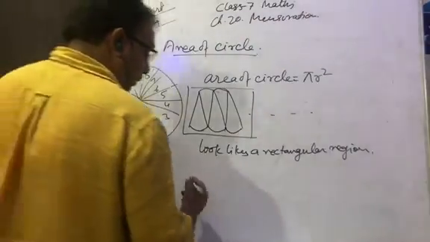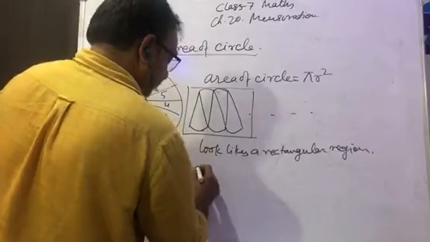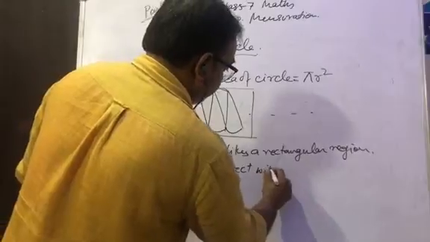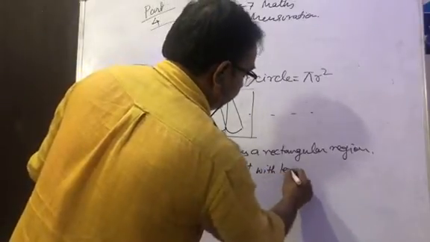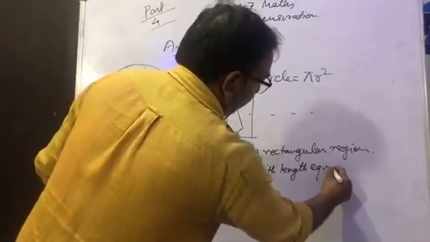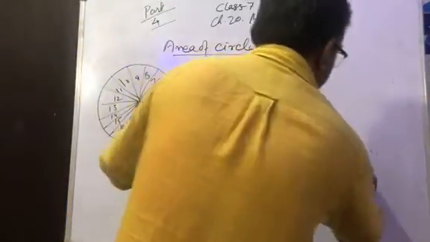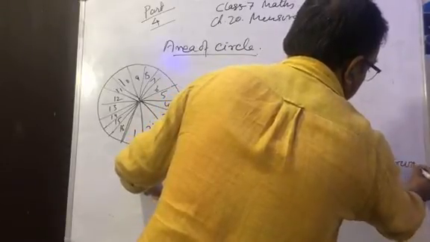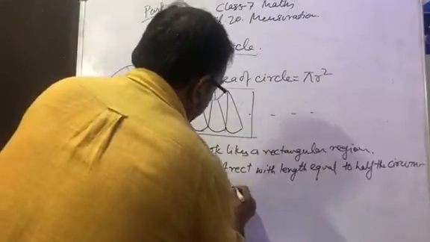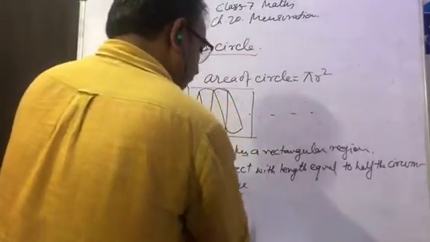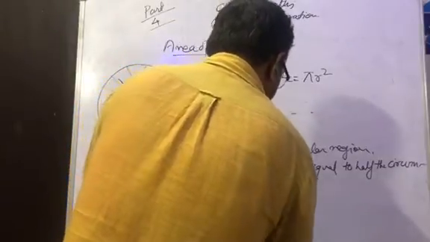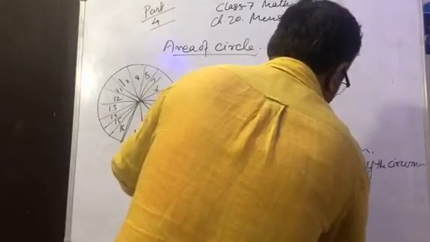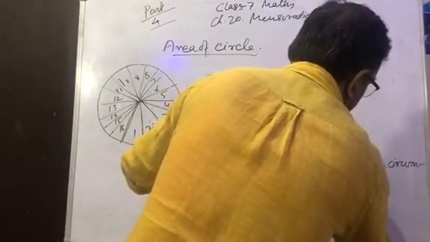Suppose the area of the rectangle with length equal to half the circumference, okay, and breadth equal to its radius.